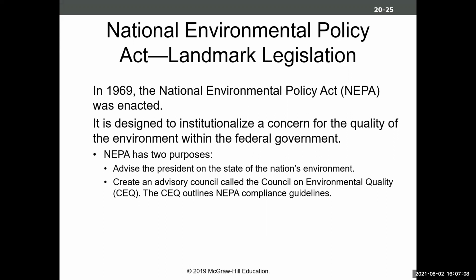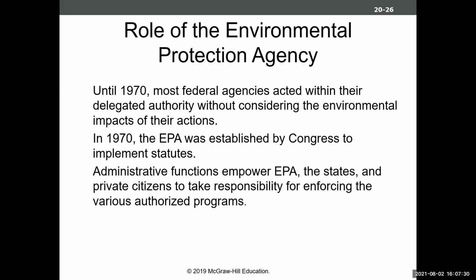So they're basically saying, okay, this is our issue with environmental quality, and this is the state of the environment in the United States. And then now you need to go over the compliance guidelines and see where we need to take action.